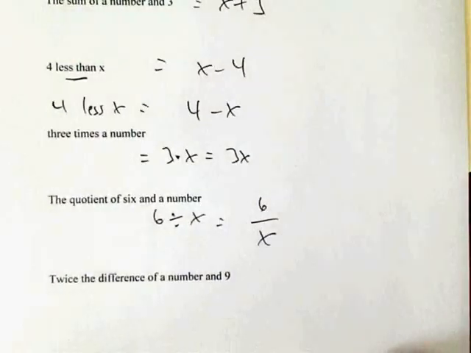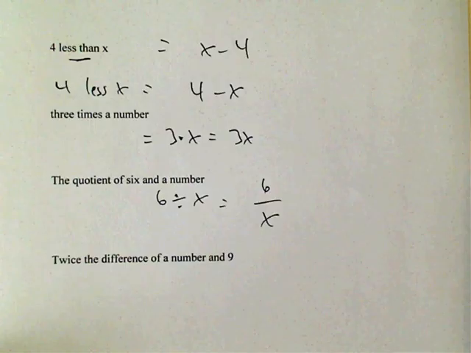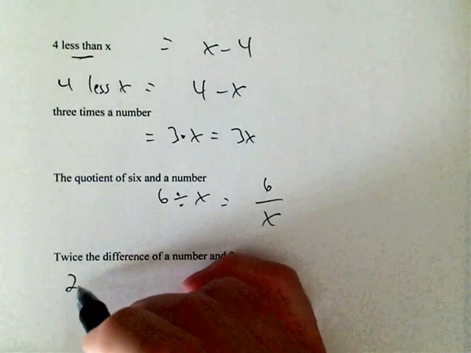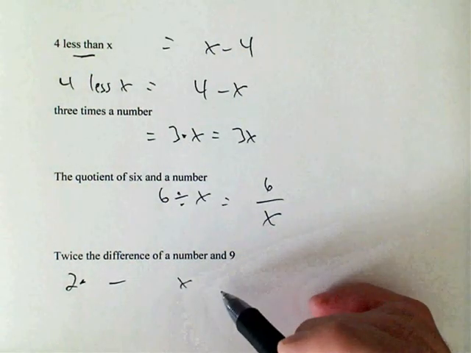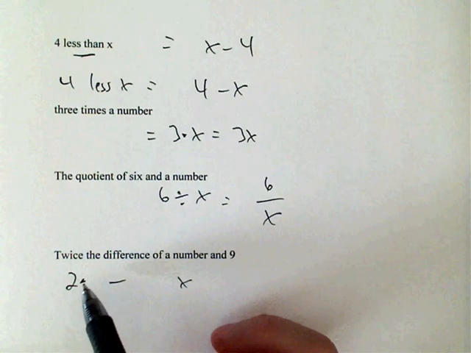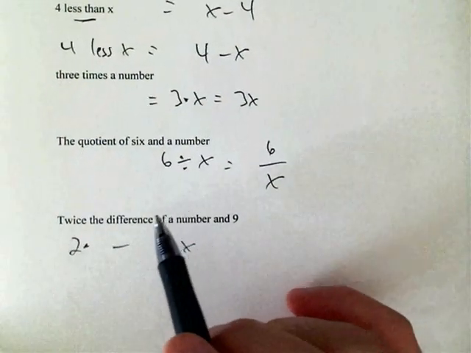And here's another one, big one. Watch out for this one. Twice the difference of a number and 9. Now when you read that, twice means 2 times. Difference means subtract. Number is x. It makes no sense to write 2 times minus. What that means is we're going to find the difference of a number and 9.